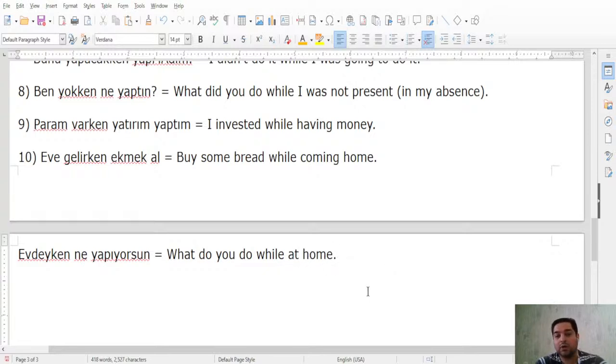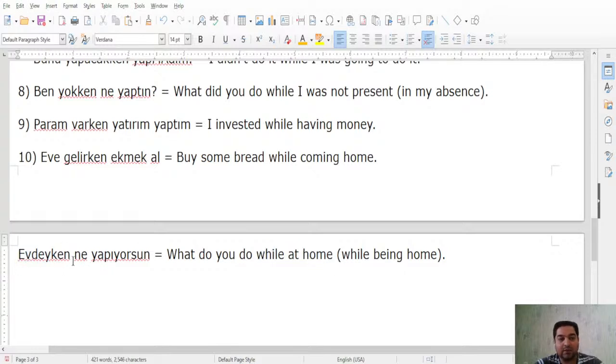Okay, while at home or while being home. You see, evdeyken, evde is at home, right? It means at home. And you combine this iken with this structure, okay? While at home. This is the translation.